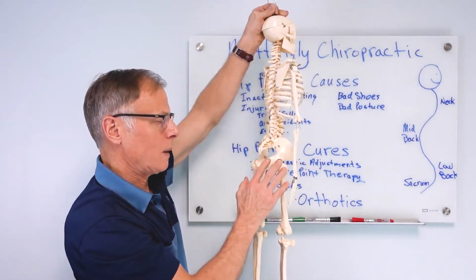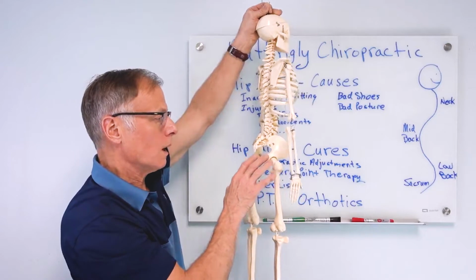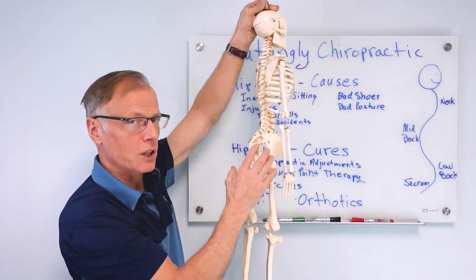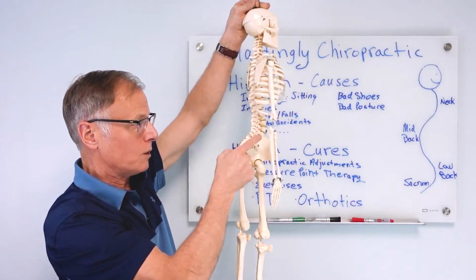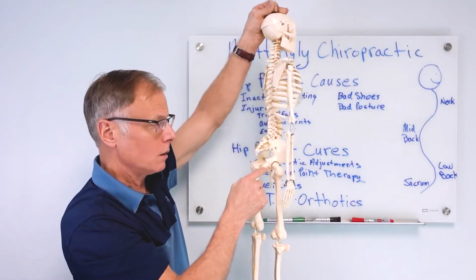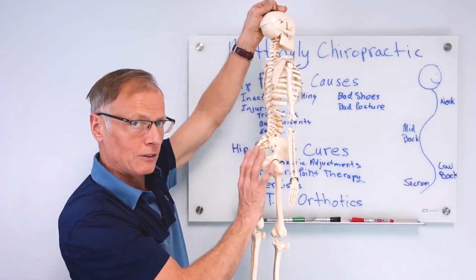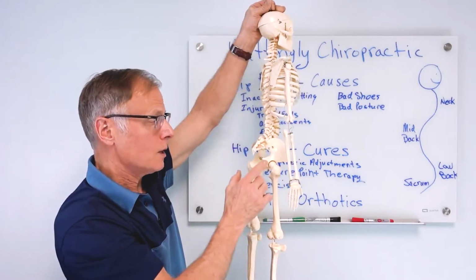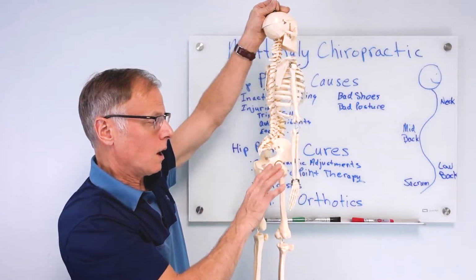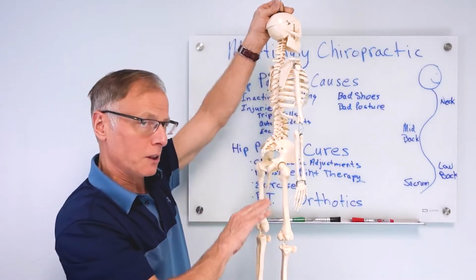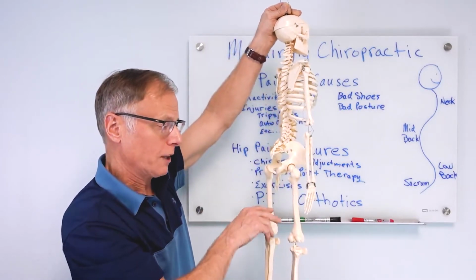Now, the hip is made up, of course, of the cartilage that holds it together, the bones that I just went over, the sacrum, the ilium, the femur. And then you have all the muscles that make up this hip. You have the piriformis, you have the muscles in the back of the thigh, which are called the hamstrings.